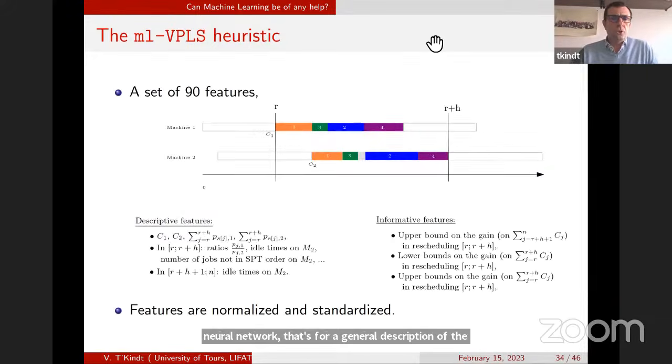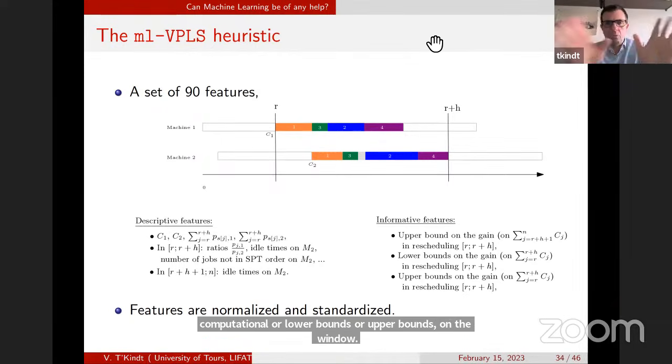And for the features, that's a key point. We have two kinds of features, what we call descriptive features, which are very basic, like starting times of the window, C1 and C2, number of jobs, the ratio between PG1 and PG2, this kind of very straightforward things. And we also put some more informative features like computation of lower bounds or upper bounds on the window if you just re-optimize the window.